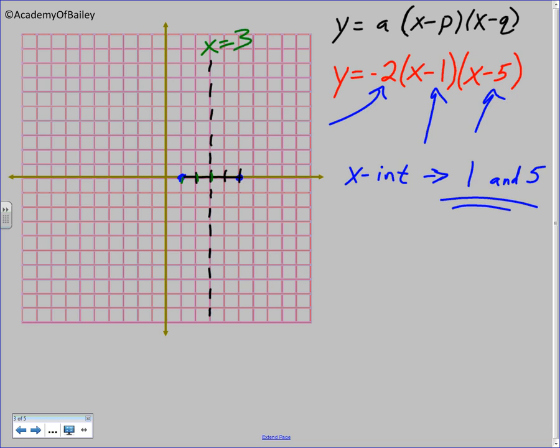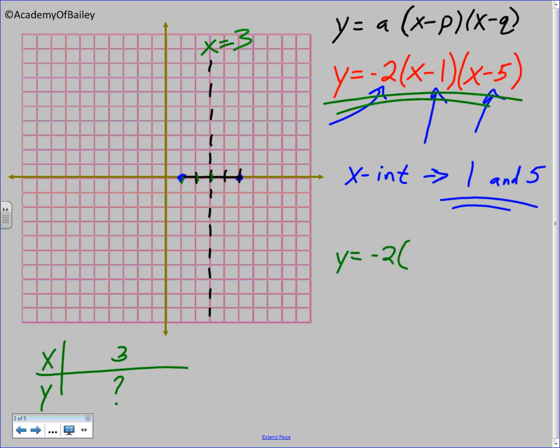So if we were coming up with an xy chart here, we put 3 in the middle. What's y going to be? Well, how do we figure that out? Here's the original equation. y is equal to -2. Axis of symmetry says x is equal to 3, so let's plug 3 in there for both of the x's.